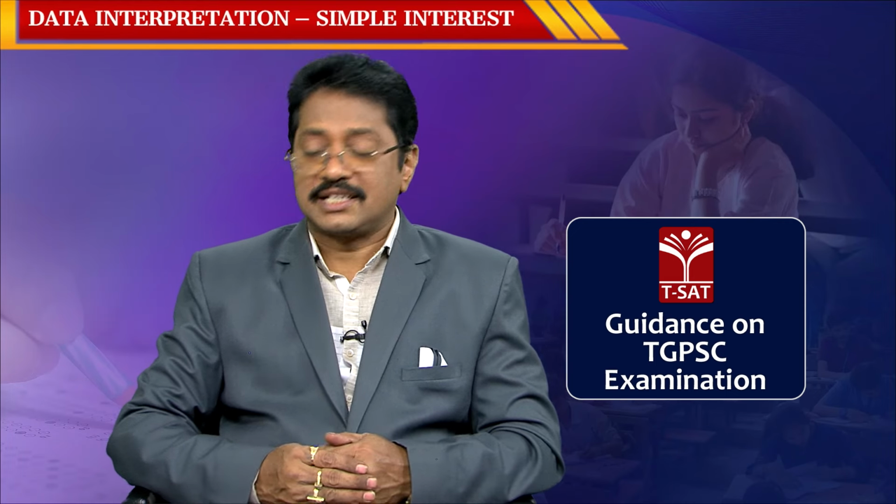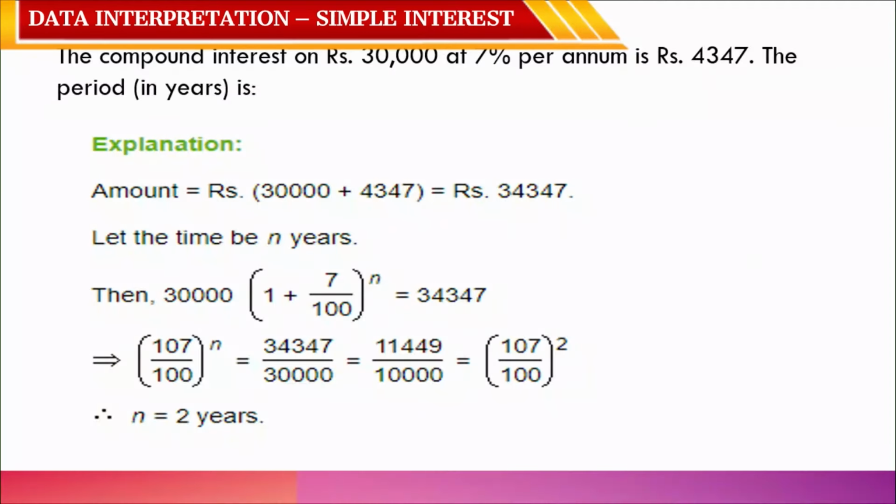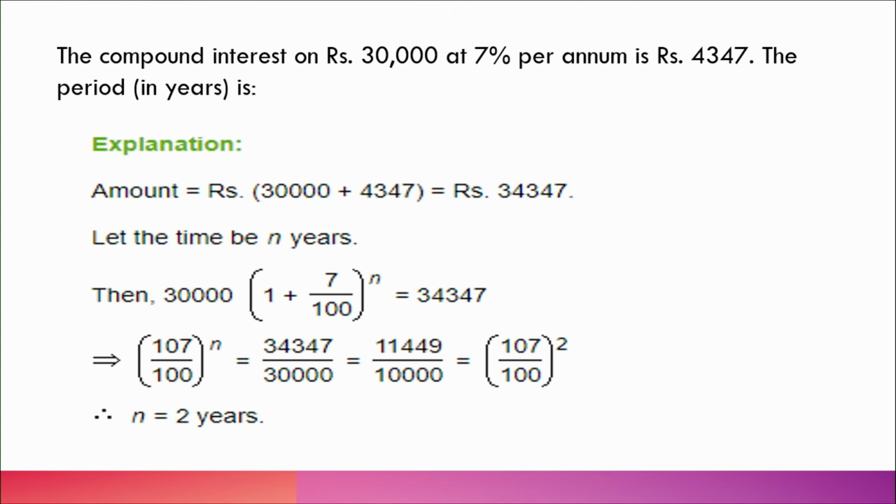The principal amount is 30,000 and the rate of interest is 7% per annum. The compound interest is 4,347 rupees. For how many years? That is the question. So, what is the given information? The principal amount P is given, 30,000.